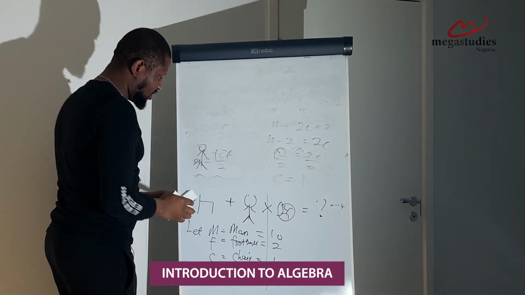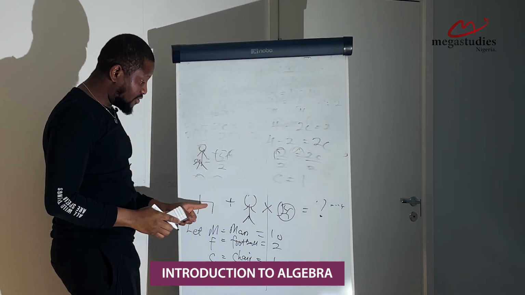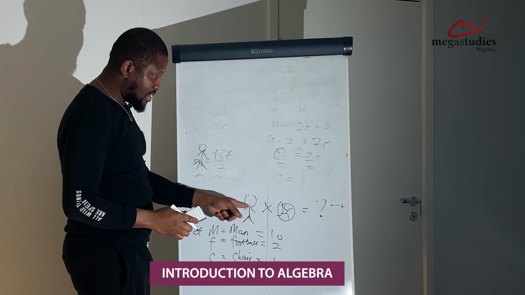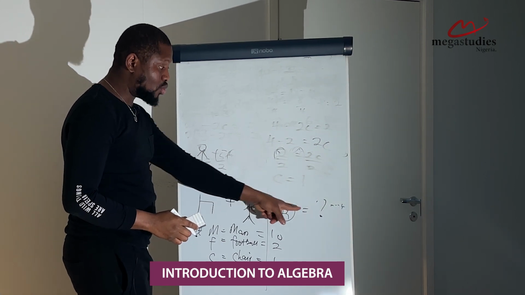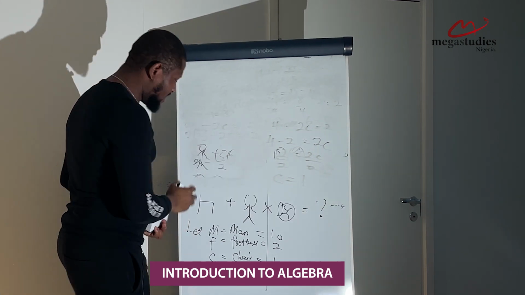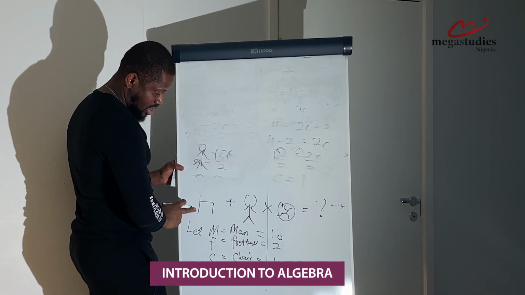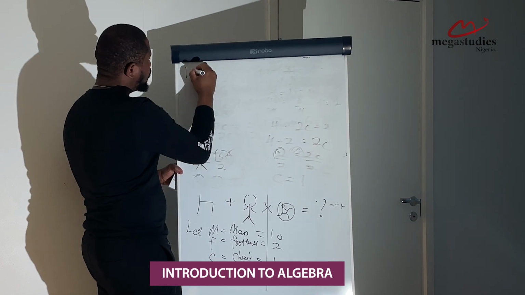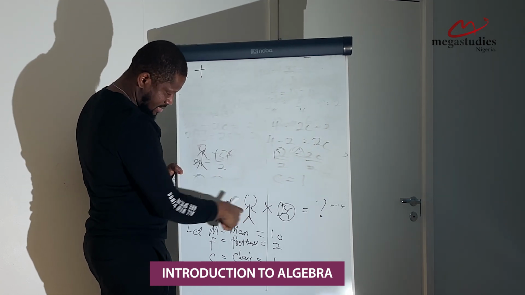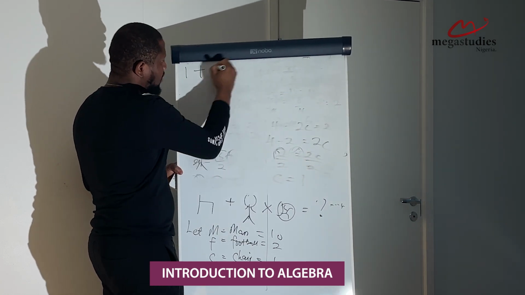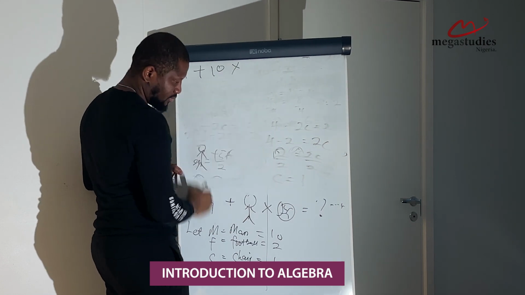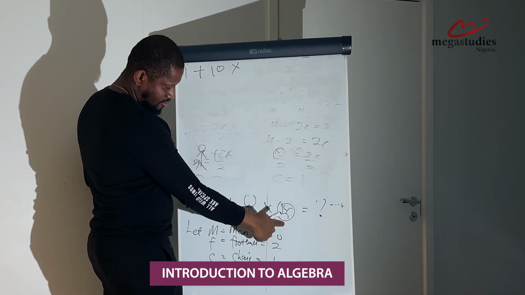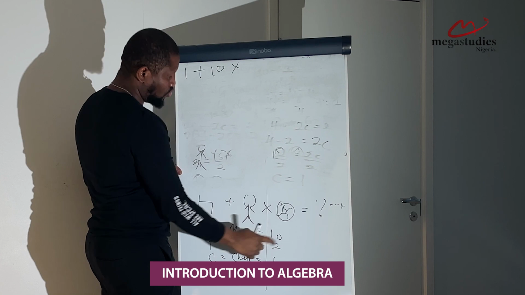This is the equation: chair plus man multiplied by football equals to unknown. So let's substitute. What is the chair? Chair is 1. 1 plus man. Man is 10, times football is 2.